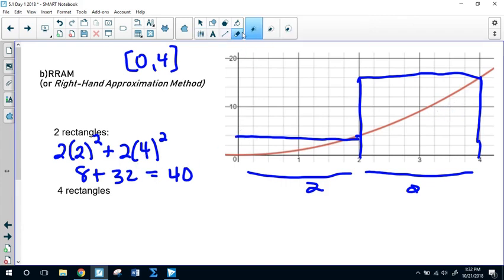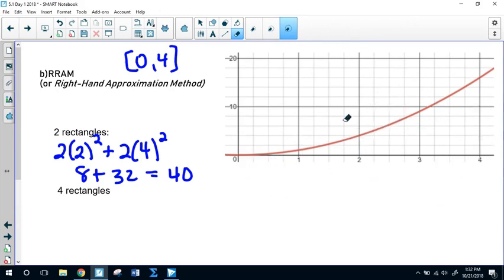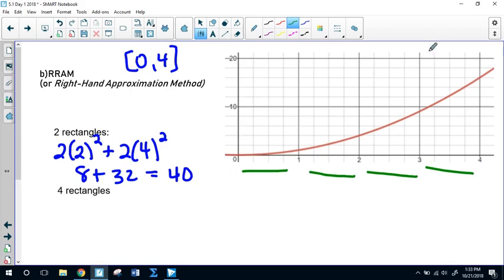So then let's create 4 rectangles and see what it looks like. Okay, a better eraser here. If I want to create 4 rectangles, that means each width of the rectangle is going to be 1. And let's work at it from the left side, but still using the right rectangle so you can see how this works.